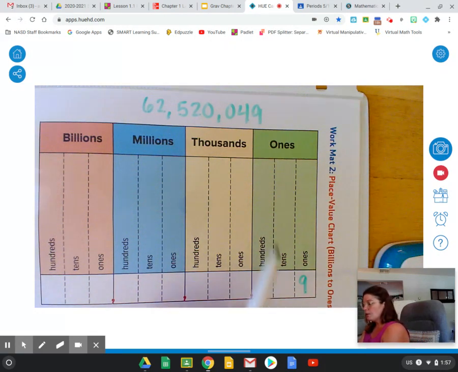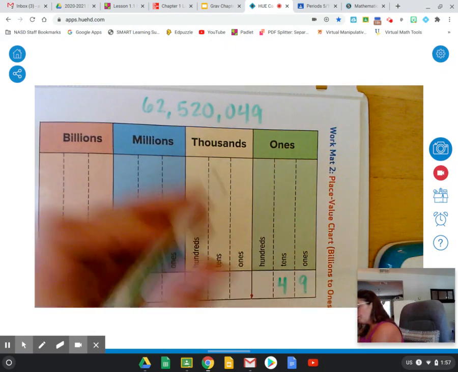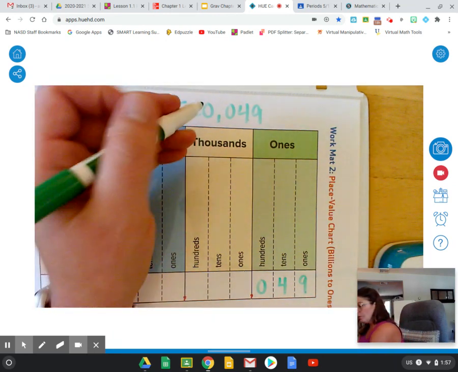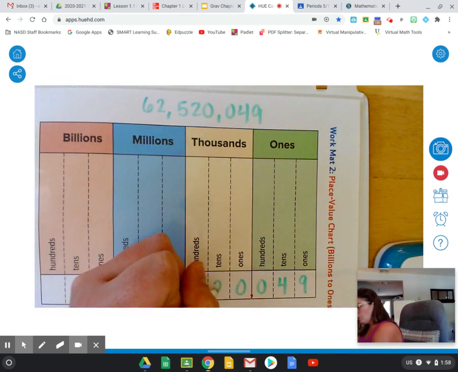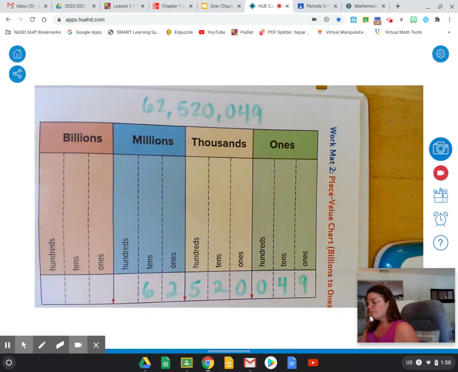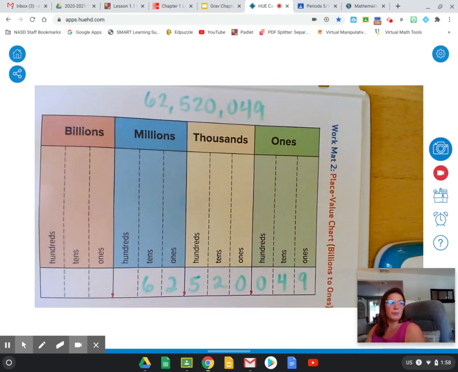And then I'm going to continue putting the numbers in, making sure that I don't leave any out. So now my number is in the place value chart.